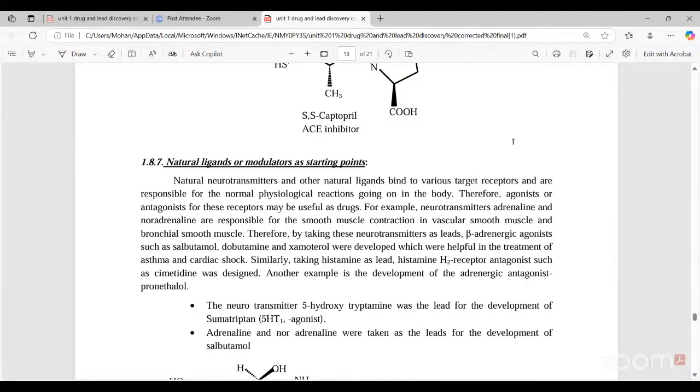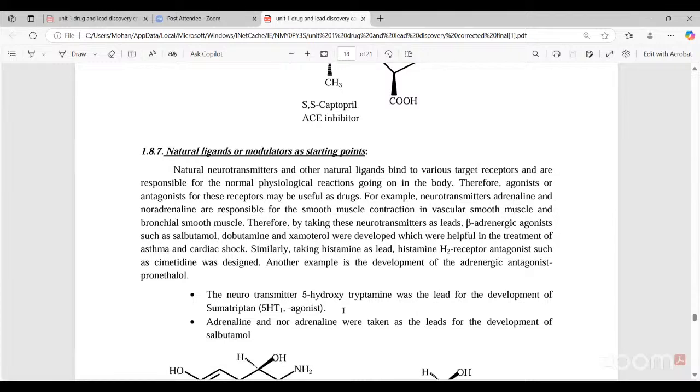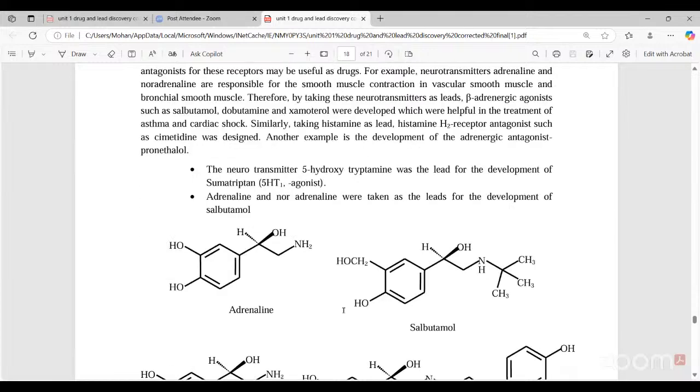Similarly, taking histamine as lead, the histamine H2 receptor antagonist such as cimetidine was designed. The neurotransmitter hydroxytryptamine led to the development of sumatriptan.